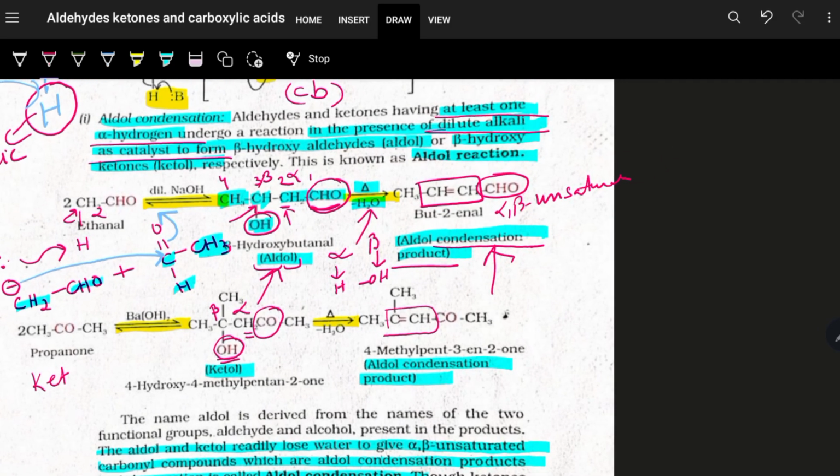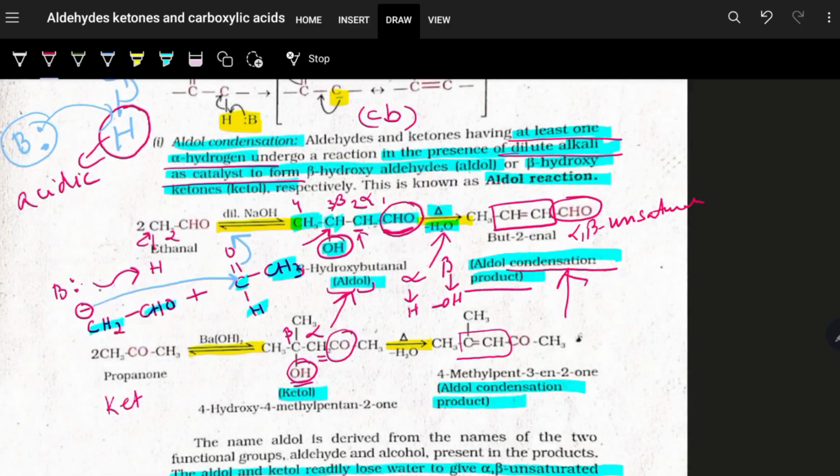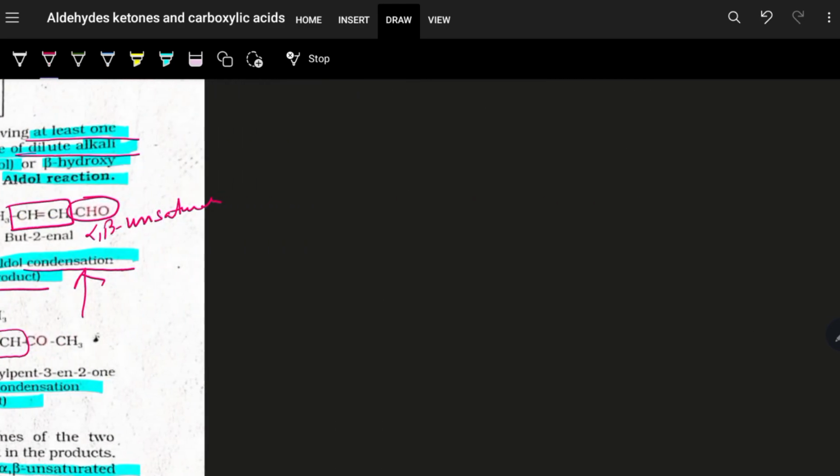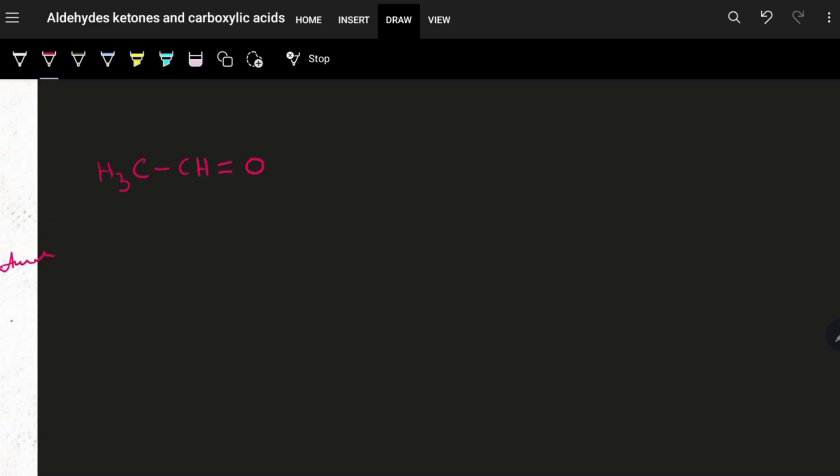Suppose I say CH3CHO, you have to draw its aldol condensation product. So 2 moles of the aldehyde react, so you write it like this. You write CH3CH double bonded O. Open up the structure and write it in this manner, and project the alpha hydrogen of the second mole to the alpha hydrogen and write it in this manner: CH3CHO, and then you are given dilute OH minus number 1 and number 2 heat, because you want to write the structure of the condensation product.